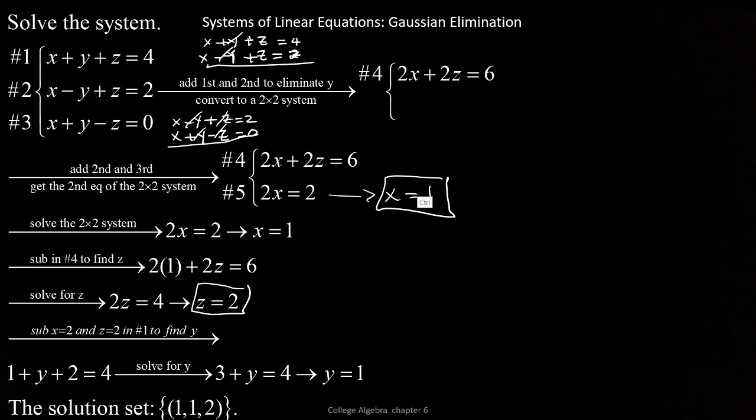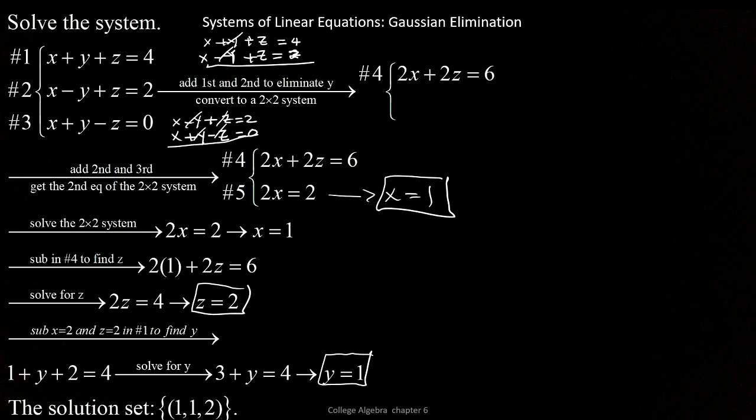We substitute x equals 1 and z equals 2 here to see what y is. So 1 plus y plus 2 equals 4, so y equals 1, right? What does that mean? It means that the solution is (1, 1, 2).